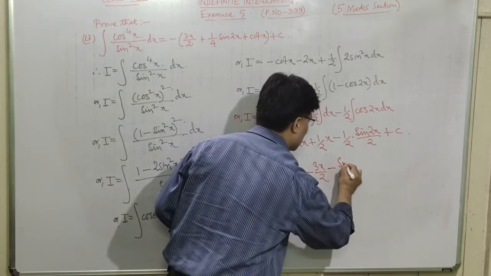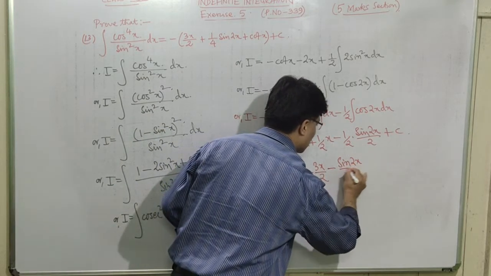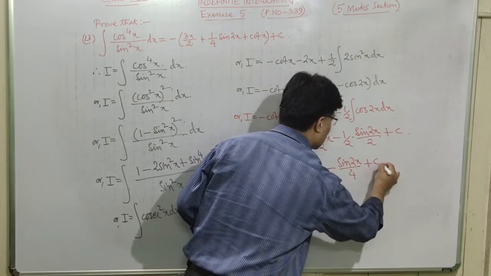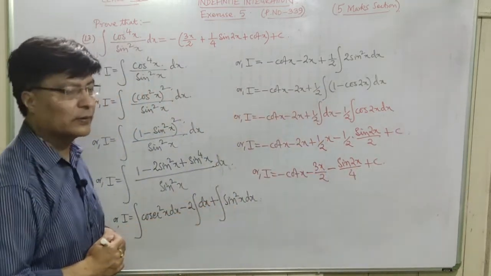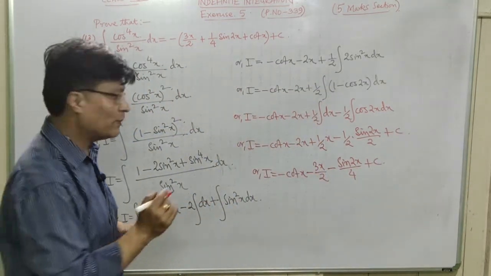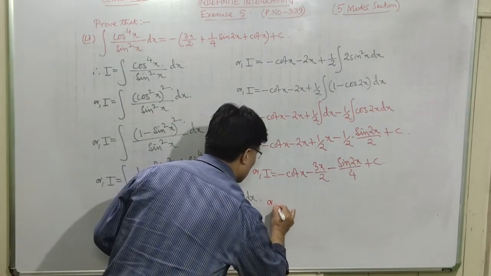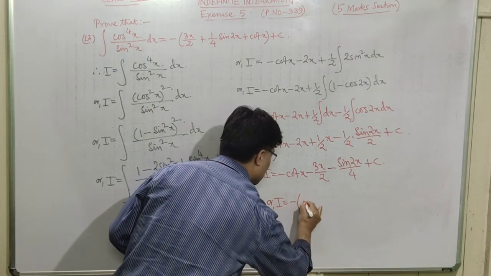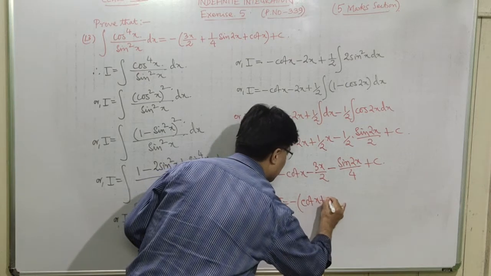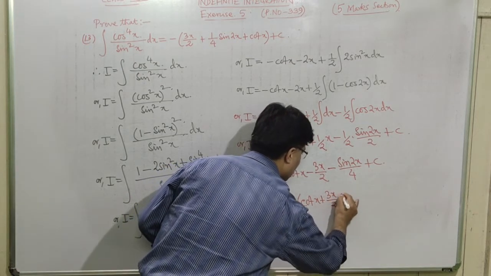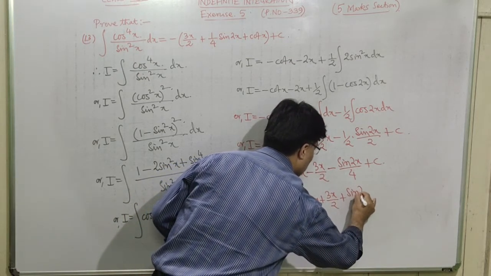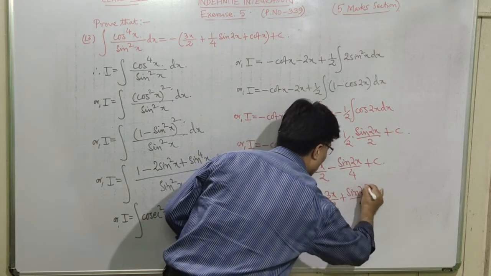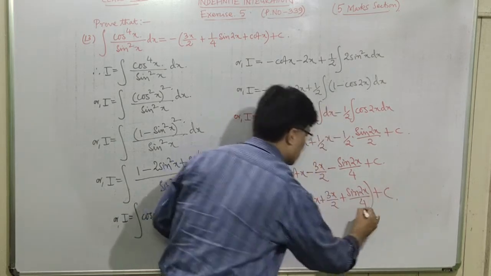Then minus, this is sin 2x by 4. Then this is plus c. So now you can take minus common here. So I is equal to minus, taken common, within bracket cot x plus 3x by 2 plus sin 2x by 4, bracket close, plus c.